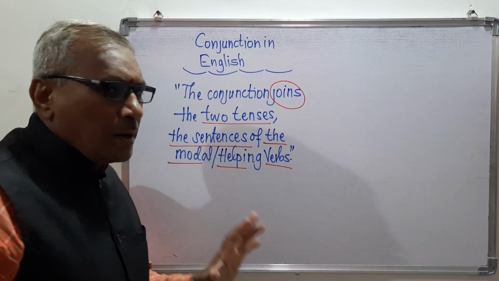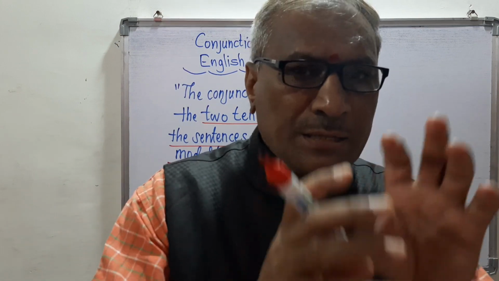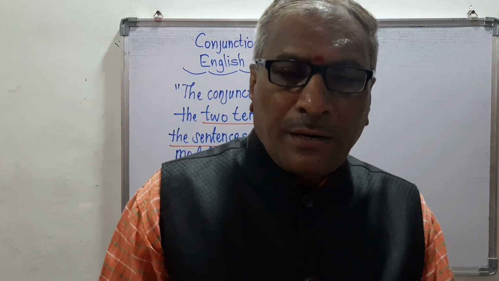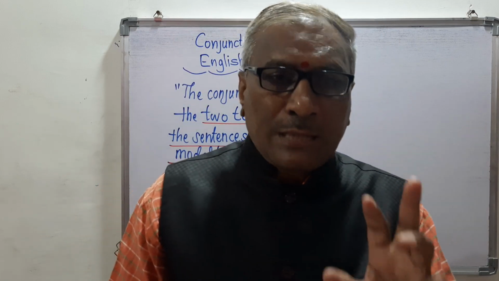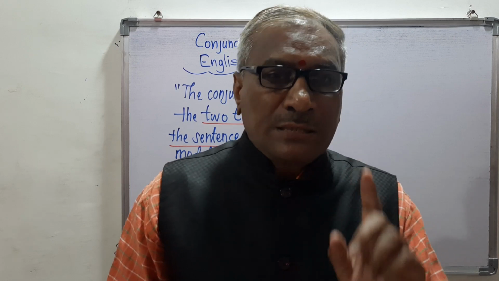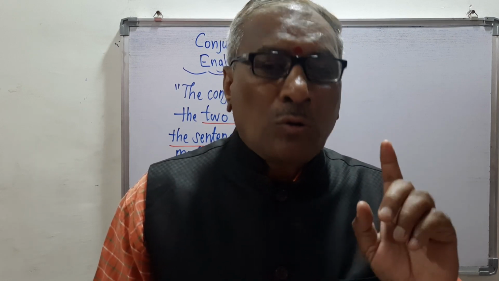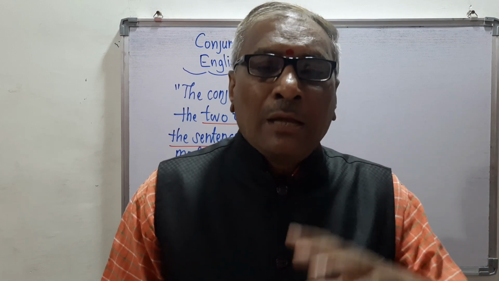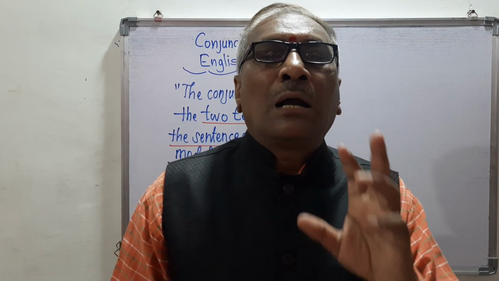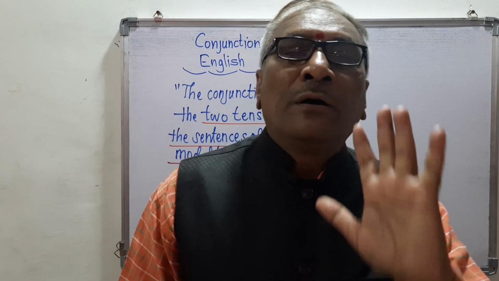There are tenses, and these two tenses are joined by the conjunction. If there are sentences of modal auxiliaries or simple auxiliaries, these sentences are also joined by the conjunction.